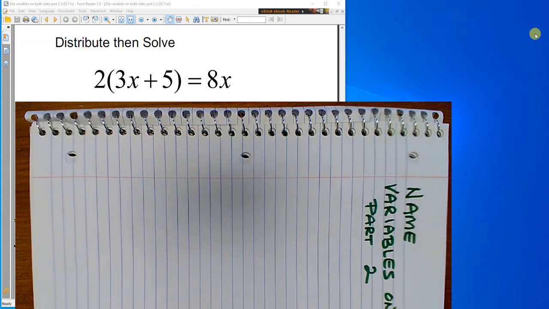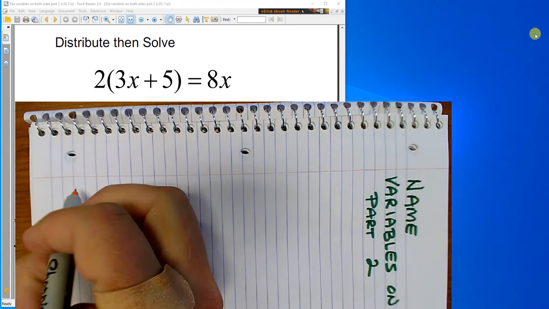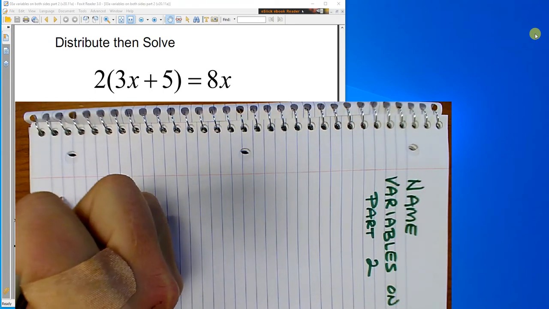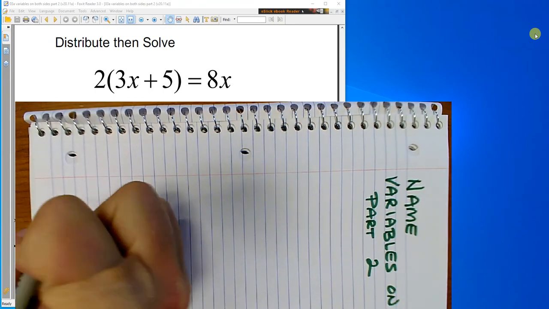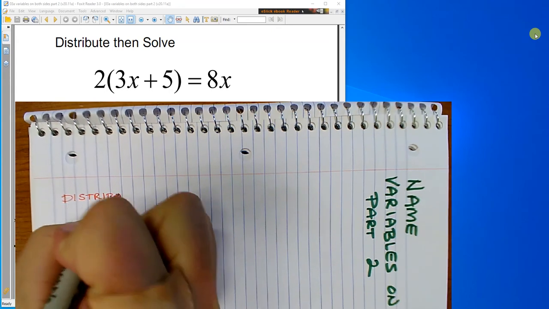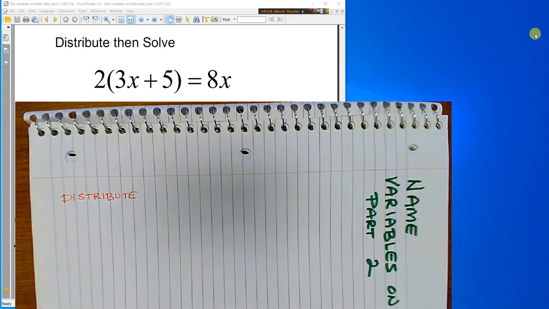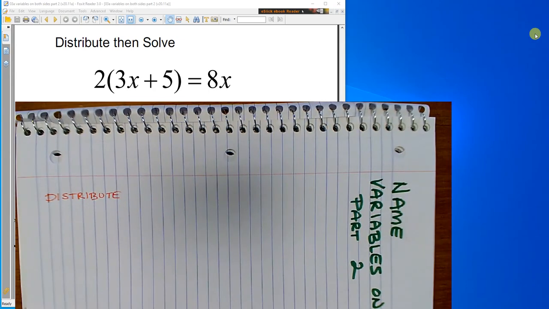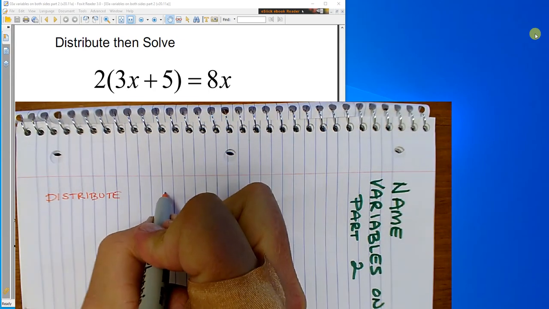I think I'm going to have 5 steps for you. So we'll start with a distribution step. Then combine terms.